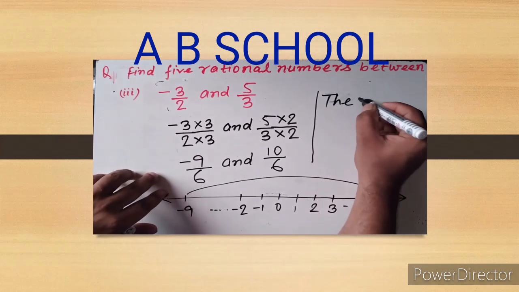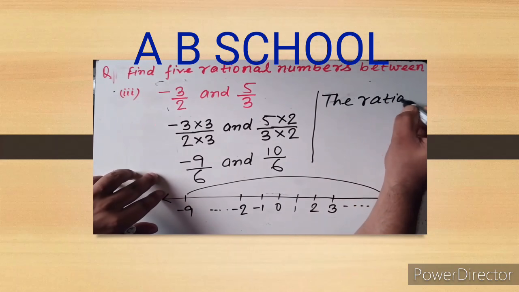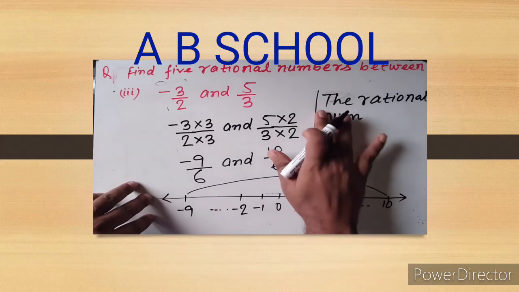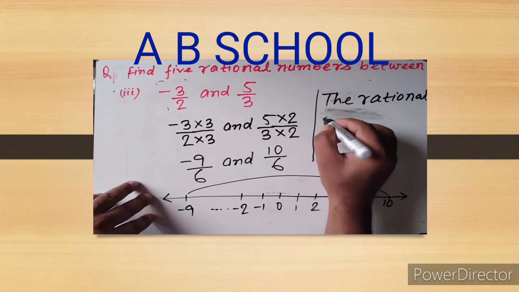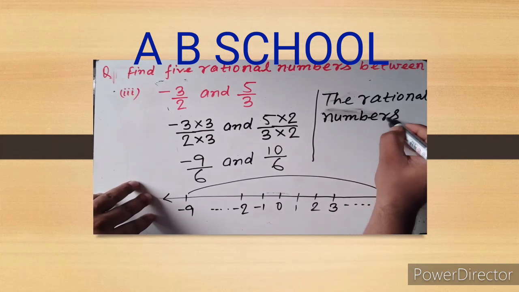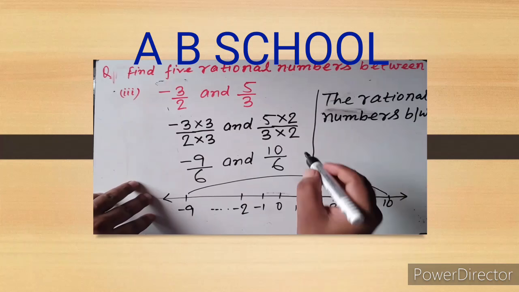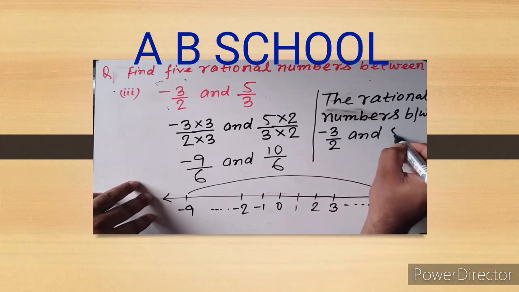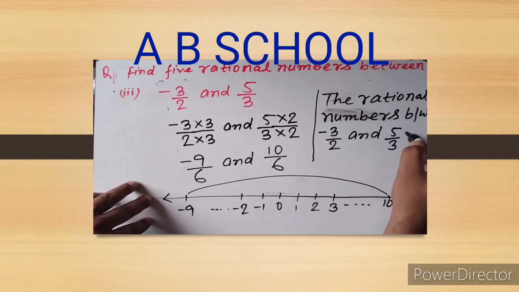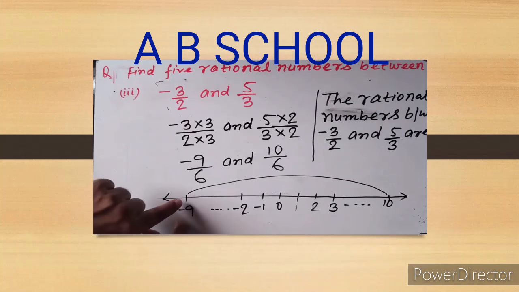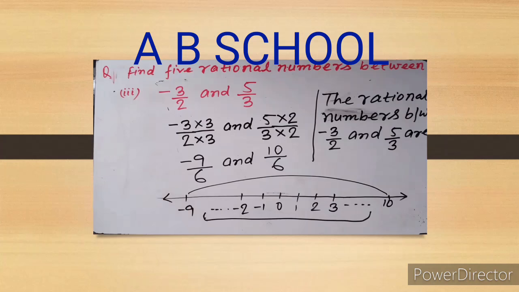The rational numbers between minus 3 upon 2 and 5 upon 3 are, my dear students, from between minus 9 and 10, you can take any one from this collection.